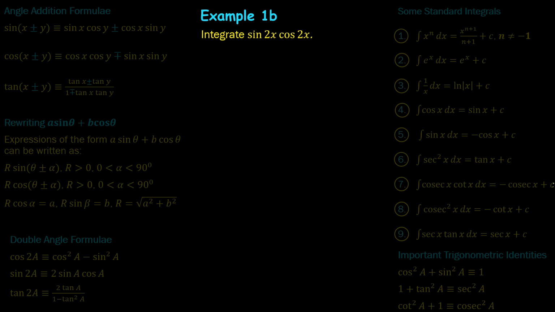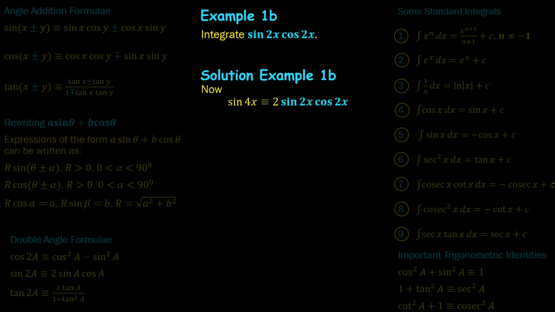And now for part B. We are required to integrate sin 2x cos 2x. Let's solve this. Now, sin 2x cos 2x can be converted.